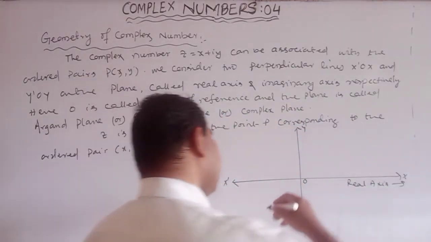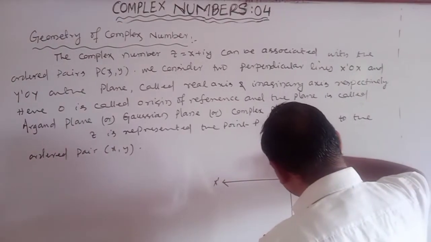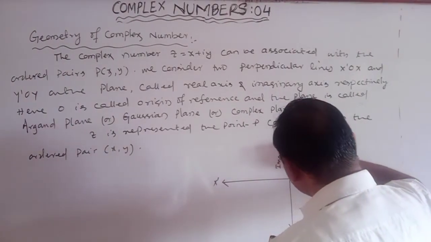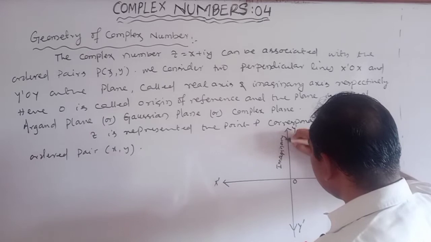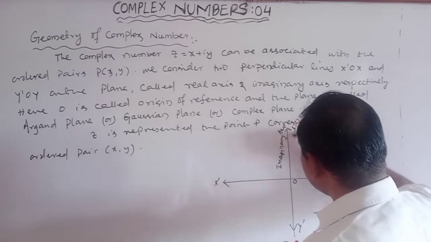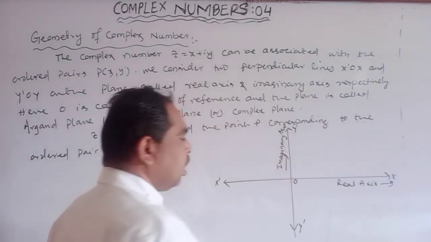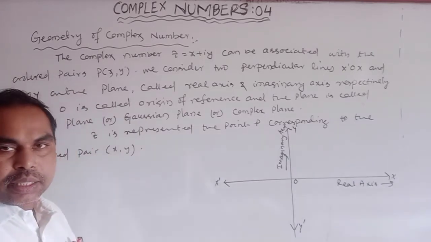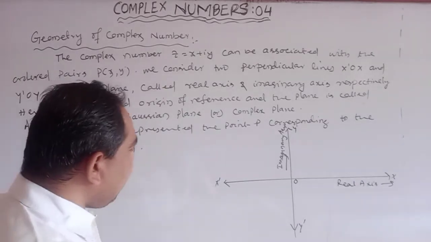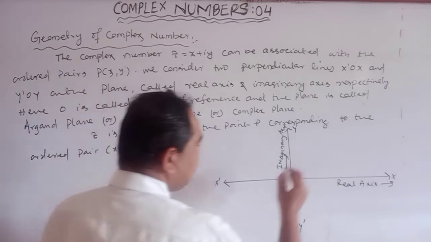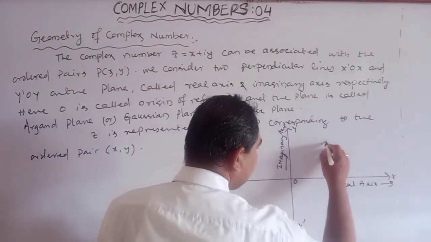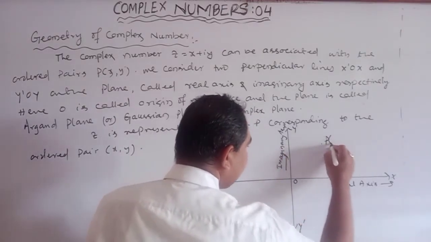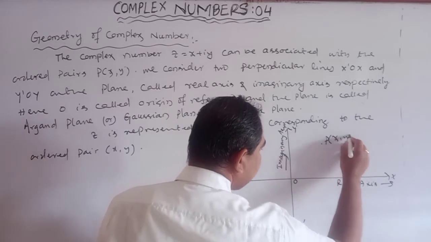Y, O, y dash is called imaginary axis. So point P is the affix of z. This is the point P having coordinate x comma y.